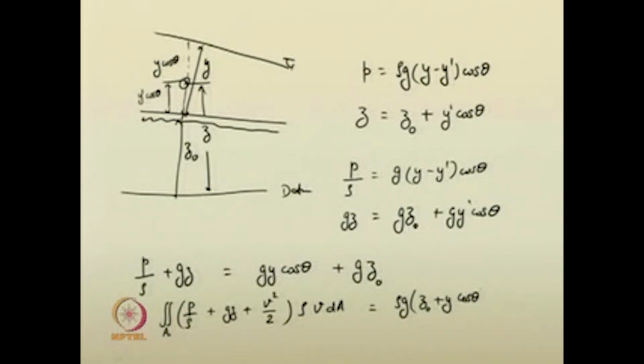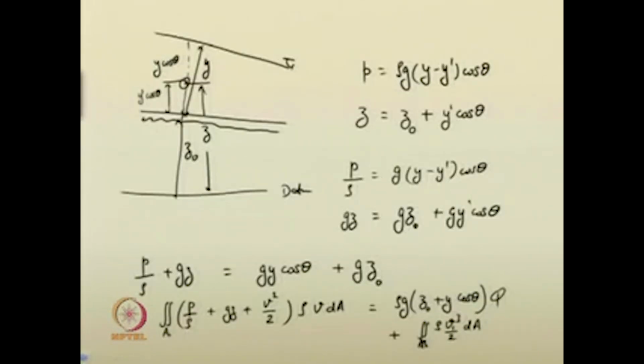If you integrate it, areal integral V dA, that will give you the discharge Q. So, I have just incorporated it here. Now, there is another integral, areal integral V squared by 2 rho V dA. So, what is that quantity actually? I have to write that here, areal integral rho V1 cube by 2 dA.